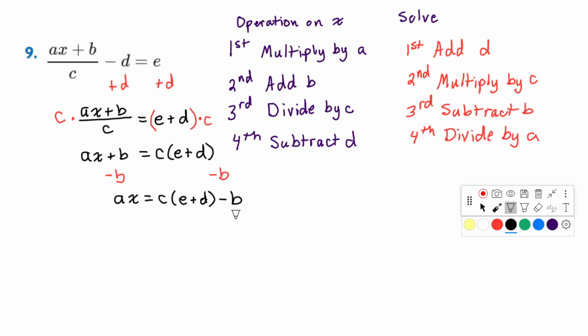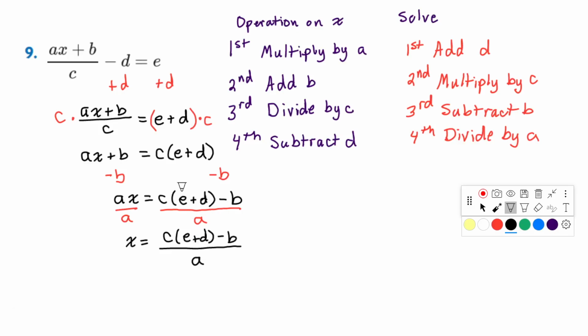So now I've subtracted b from both sides, and finally divide by a. And that is that entire expression on the right side is divided by a. So x is equal to c times e plus d, subtract b, over a.